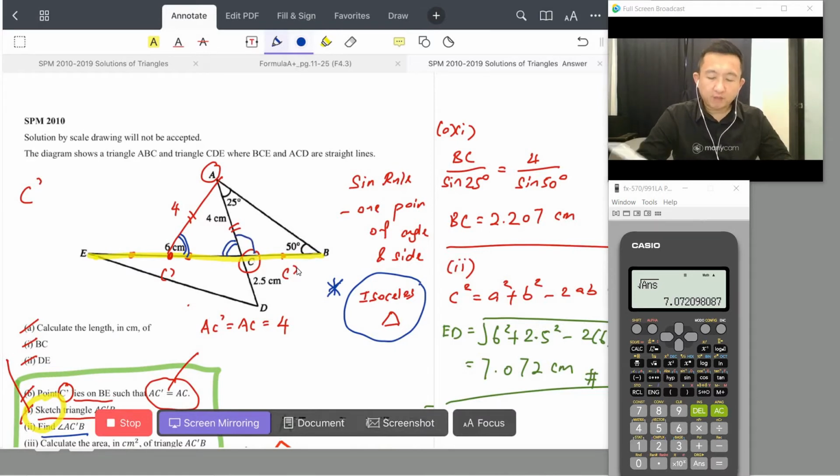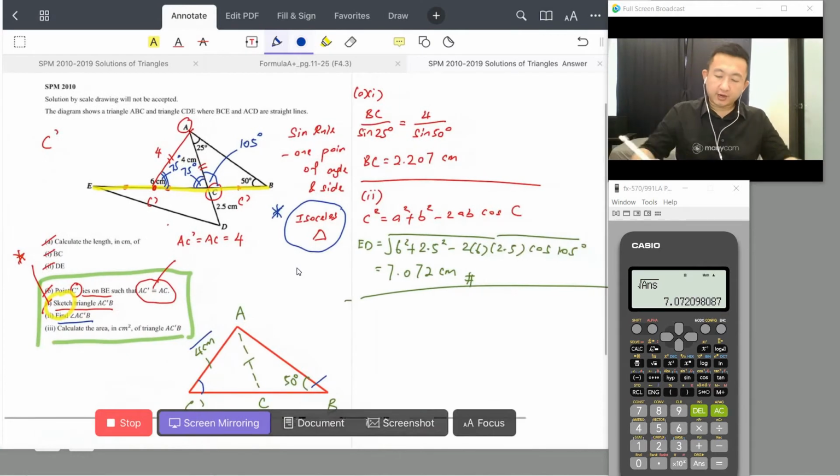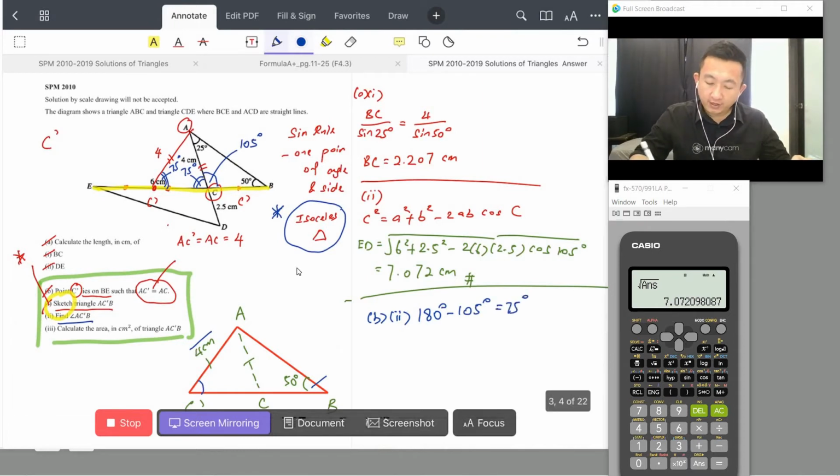And do we know about this angle? Right, just now we have found this angle, right? This is 105 degrees. So, very straightforward. This is 75, this is also 75. So you have 180 minus 105, and you have 75 for angle AC prime B.